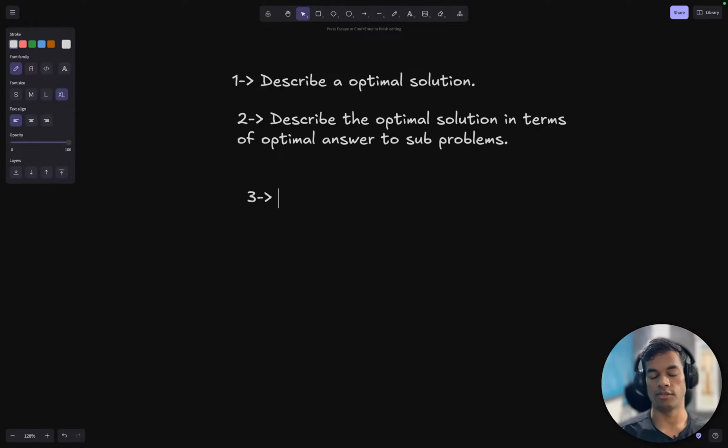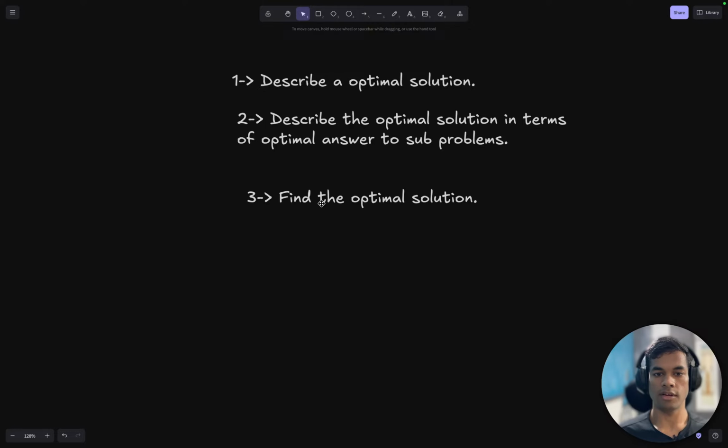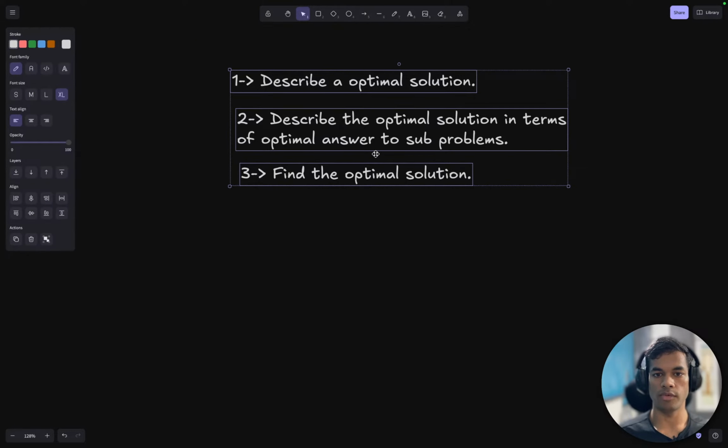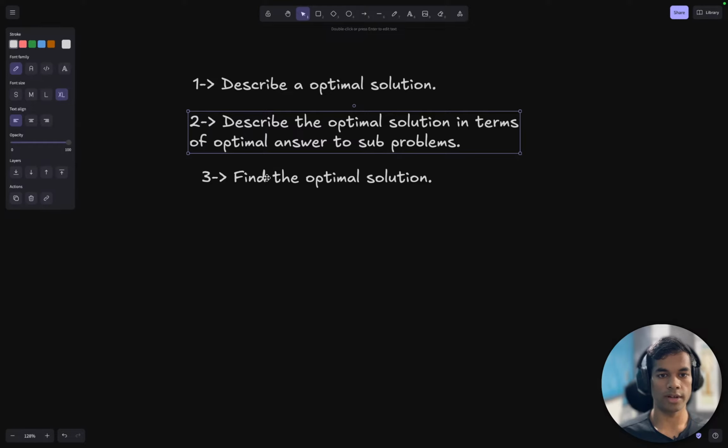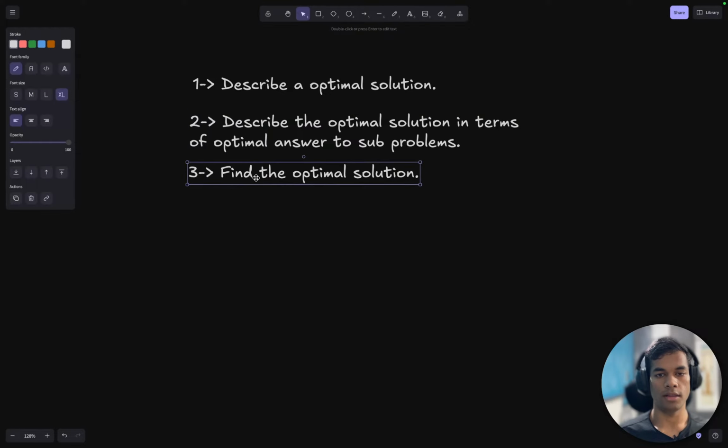And then the third is just to find the optimal solution. And these are the steps when we want to find the optimal solution, but we do not want that. We want to find the number of solutions. And therefore, these steps could be changed from optimal to correct or valid.